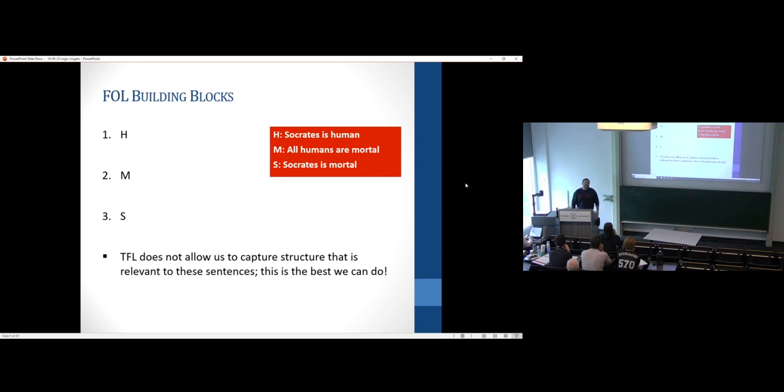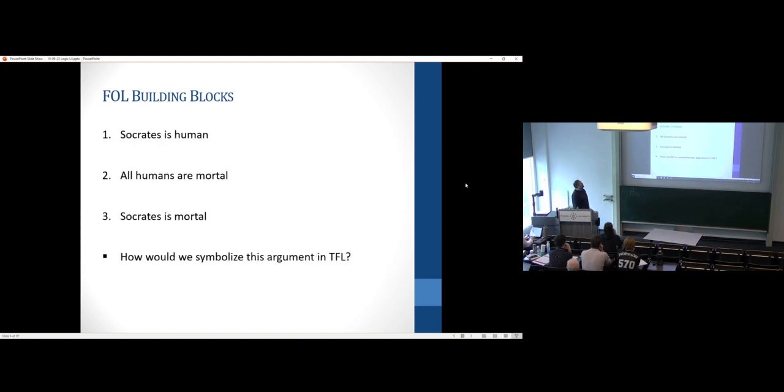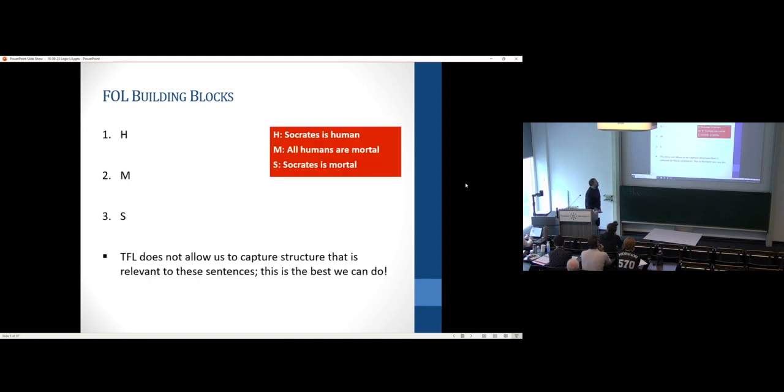And that's bad because, again, to go back a slide, when we think about it in the English, it clearly is valid. So the problem is that TFL doesn't allow us to capture the structure that makes this argument, when we think about it in the English, actually make sure that the premises guarantee the conclusion.